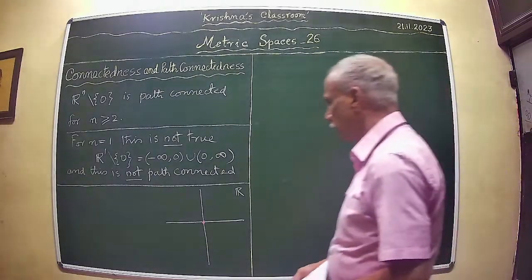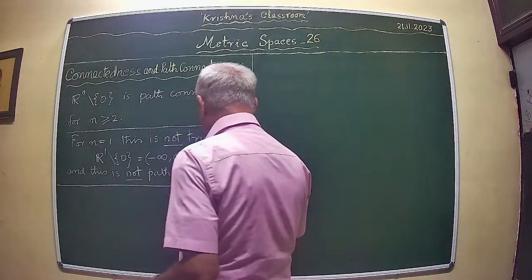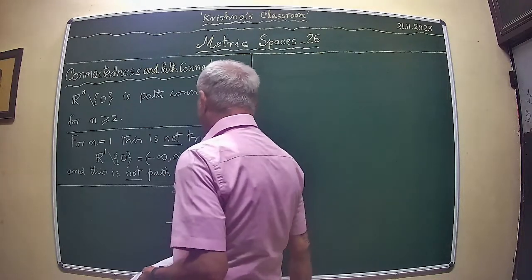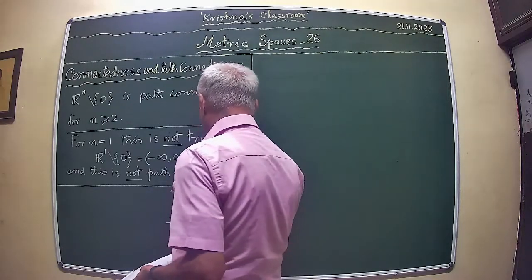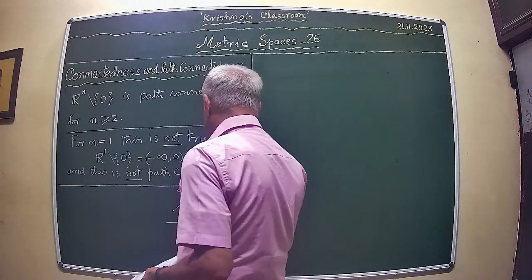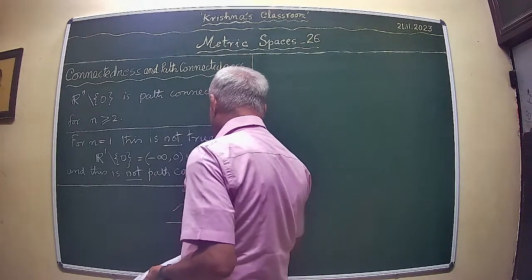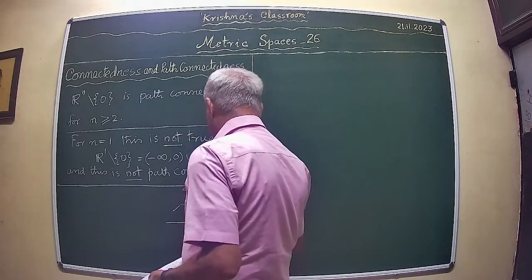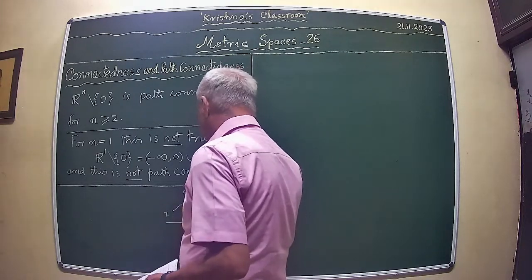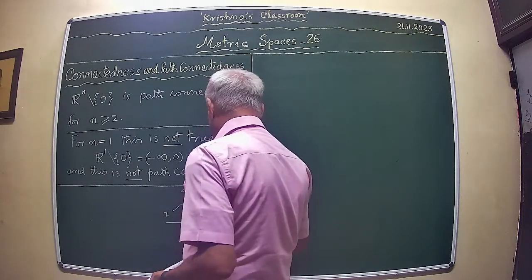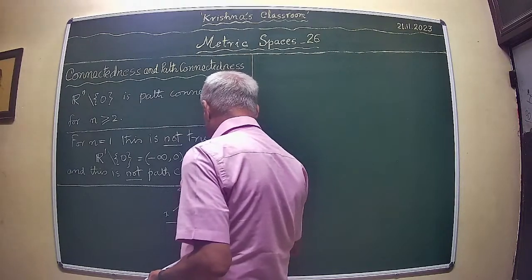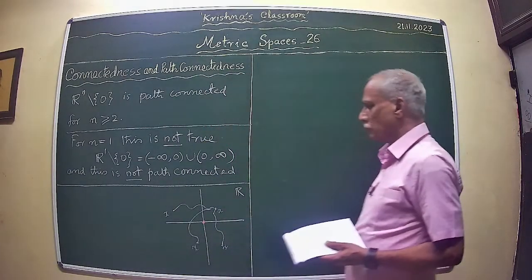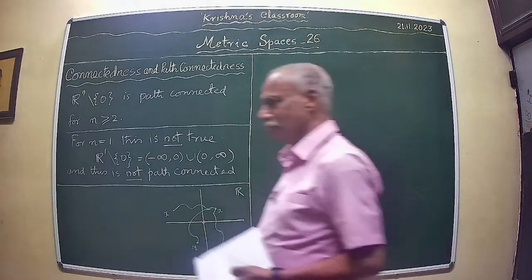Because you can show that if you fix any element A here and then take any x here, you can always connect A with any x, no matter where x is. Geometry tells you that it is possible.